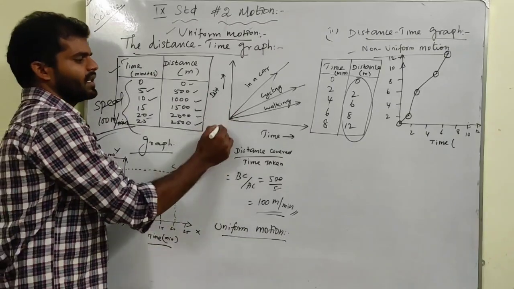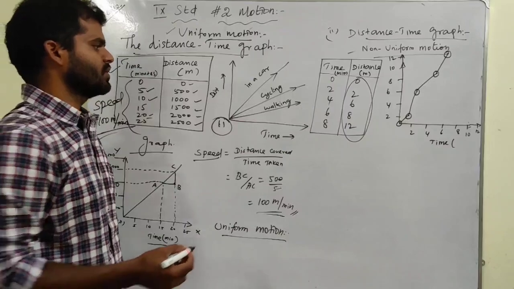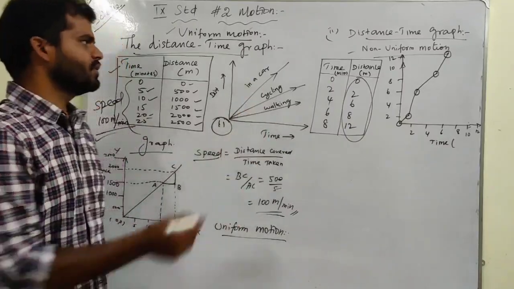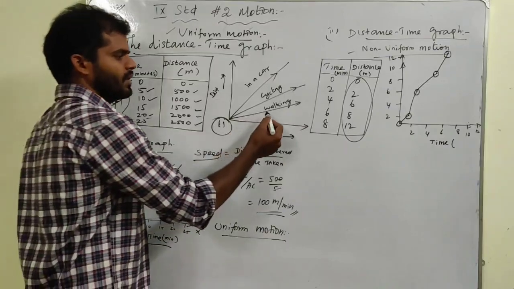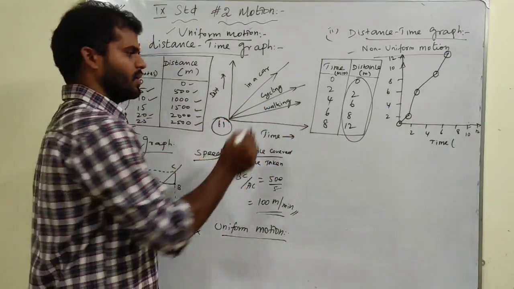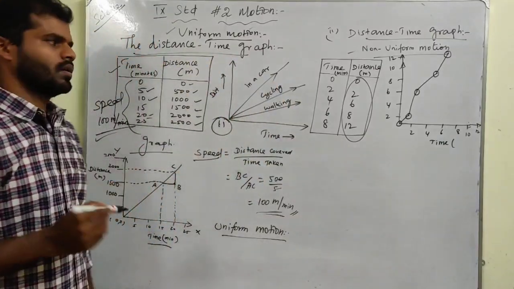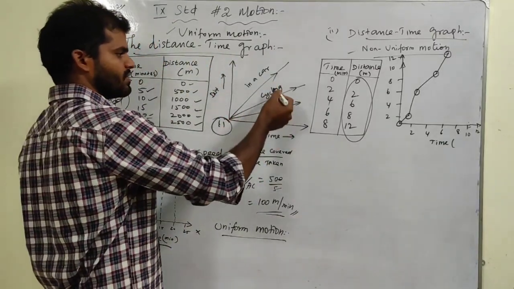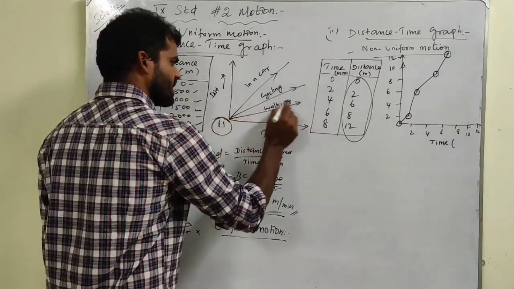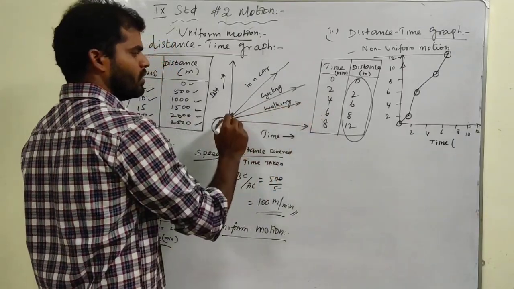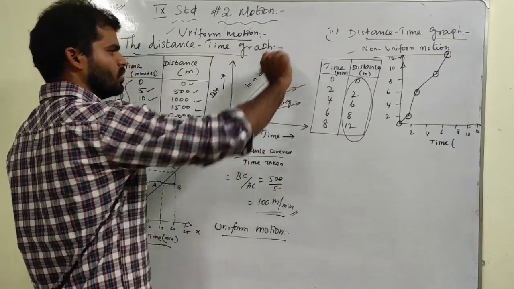Now look at another diagram, diagram number 2. Is it uniform motion or non-uniform motion? Yes, of course this is uniform motion, because walking, cycling and moving in a car all go in a straight line.